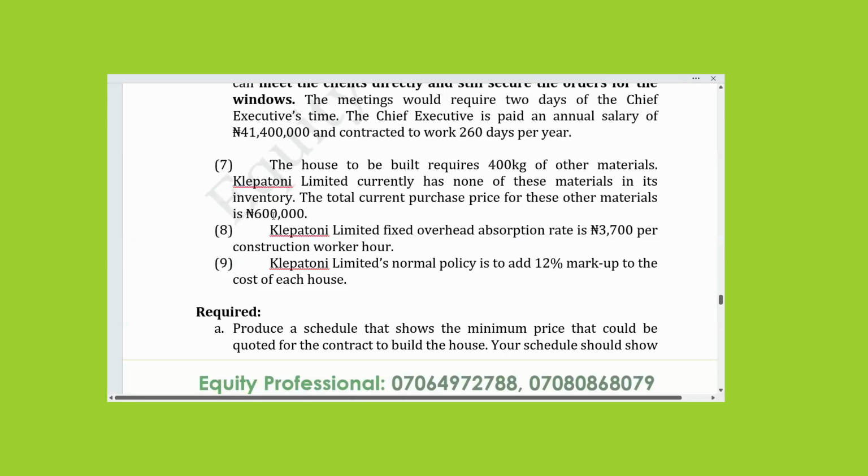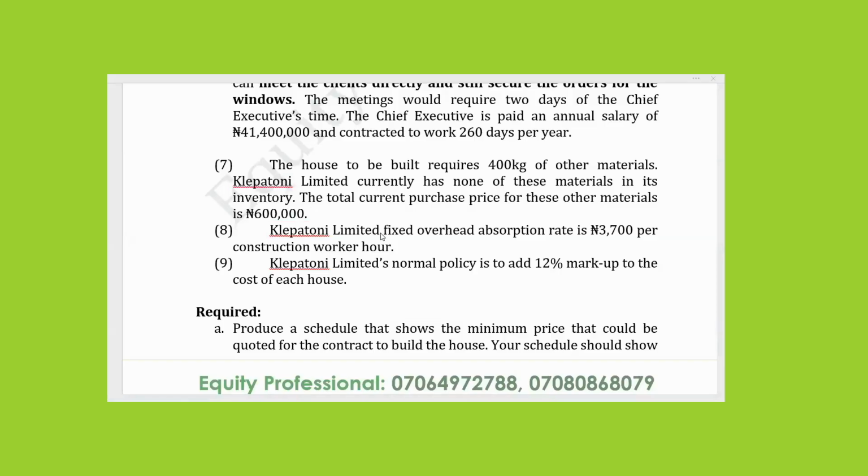But if you are told that it is 600,000 naira per kilogram, then if they mention per kilogram, you can multiply with 400. So these are the little mistakes that students make when answering questions. Don't be in a rush. You must understand what the question is telling you to do. So that's Cynthia, I hope that is clear. Yes, thank you, sir. You are welcome.